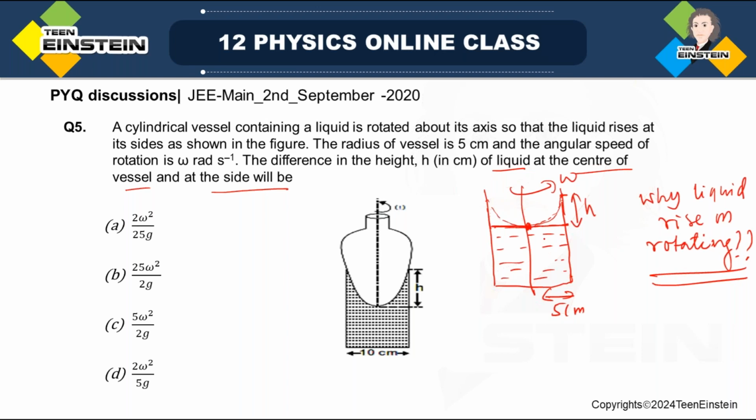Let me keep the situation when there was no rotation. Then the liquid surface will look something like this, in a horizontal position. On the top surface, suppose this is an open surface. So the pressure here is how much? Atmospheric pressure.